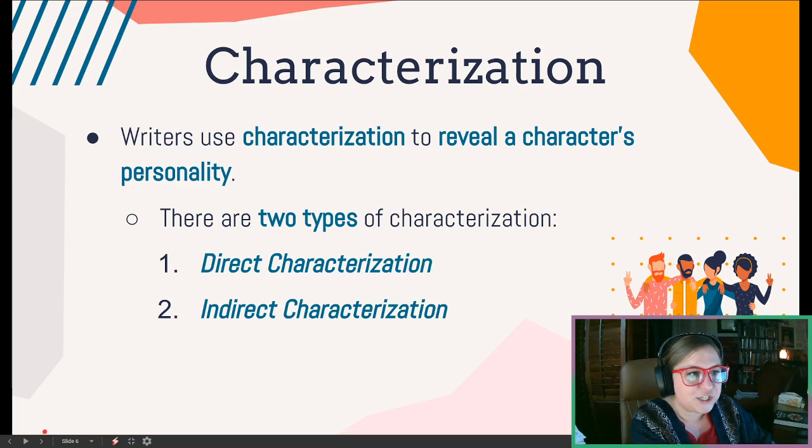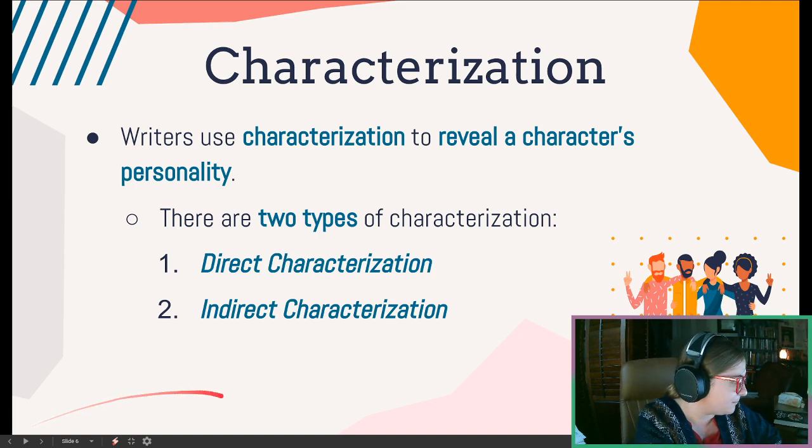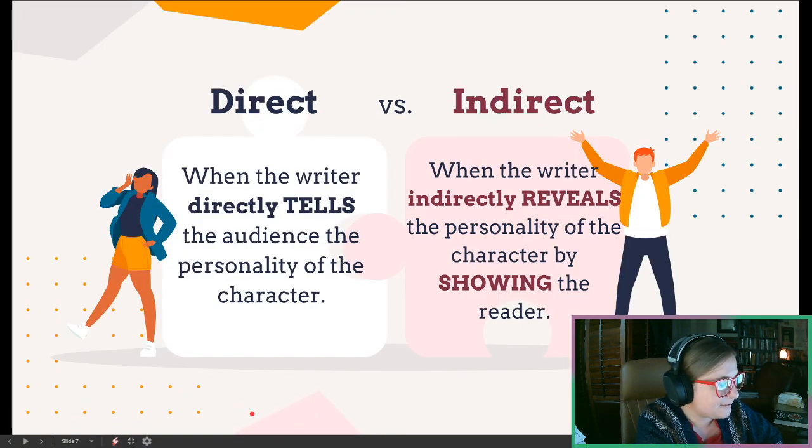With characterization, writers use characterization as a tool to reveal a character's personality, who they are and what they're about. There are two types of characterization that you need to be aware of: the easy to spot direct characterization, and the harder to spot indirect characterization. With direct characterization, our narrator is telling us exactly what we need to know about our character.